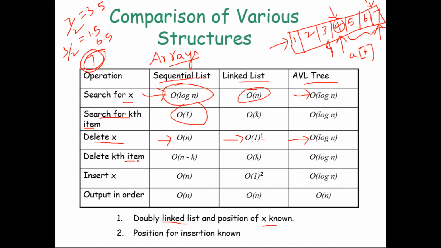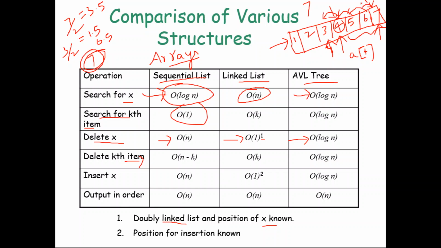To delete the kth item in a sequential list, it is order of n minus k. If the size of the array is 7 and you want to delete the third item, then after deleting it, you have to move all the remaining items to the previous locations. How many moves do you have to make?